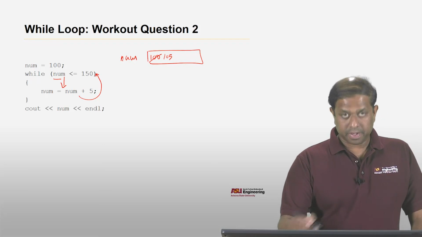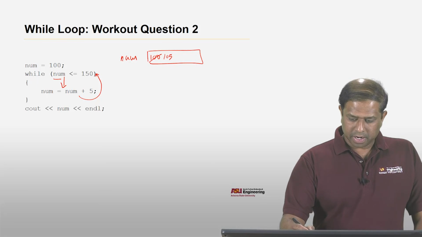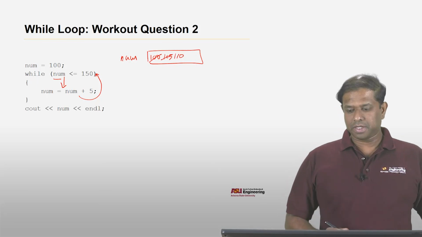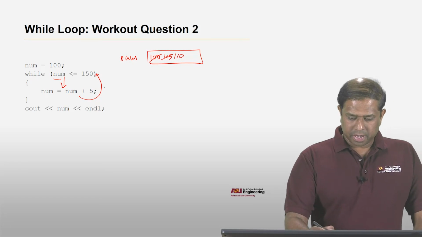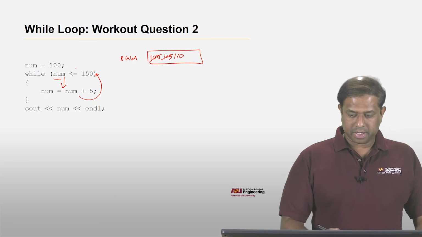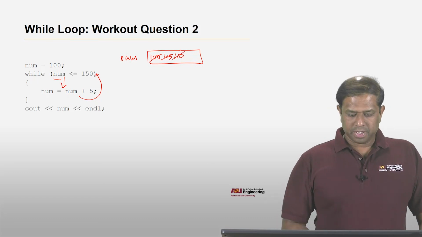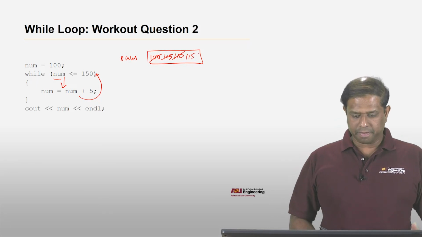So 105 is less than 150, so therefore that's true. We'll go inside it and then increment num by 5, so then num becomes 110, right? So after doing that operation again, we come back and check 110 less than 150, that's true. So then go inside it, increment it by 5, so then num becomes 115.